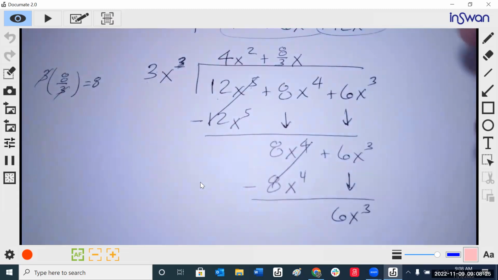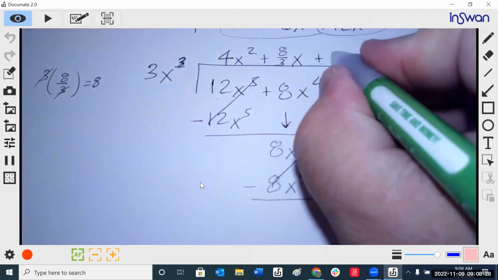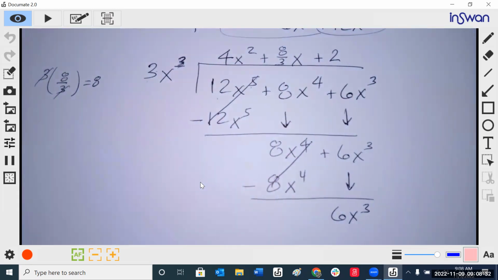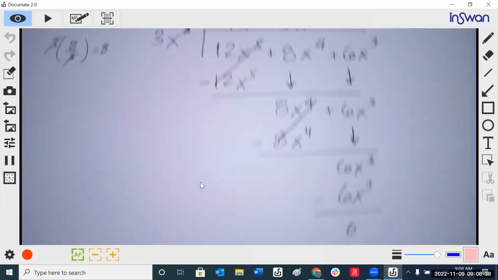What times 3 gives you 6? Positive 2. 3 and 3. So no more x's. 2 times 3 is 6, x cubed. So change signs. My remainder is 0.